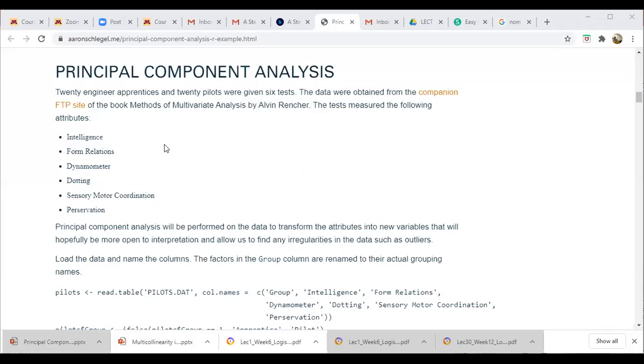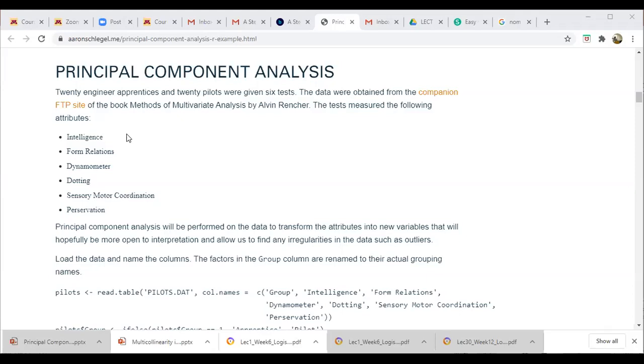I have 20 engineer apprentices and 20 pilots who were given 6 tests. The data were obtained from the companion FTP site of the book Methods of Multivariate Analysis by Rencher.